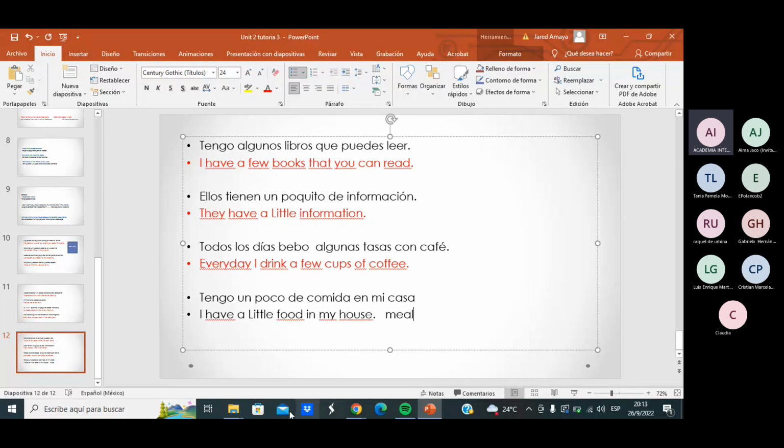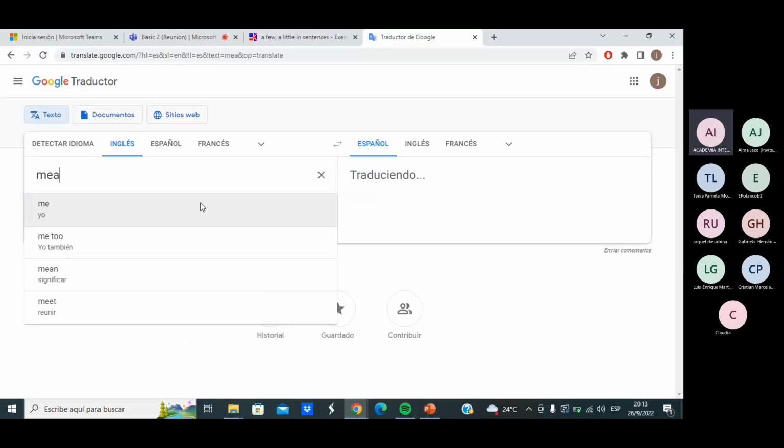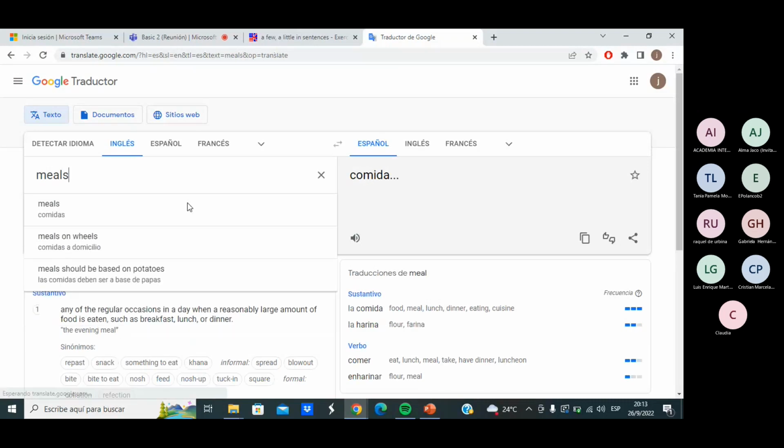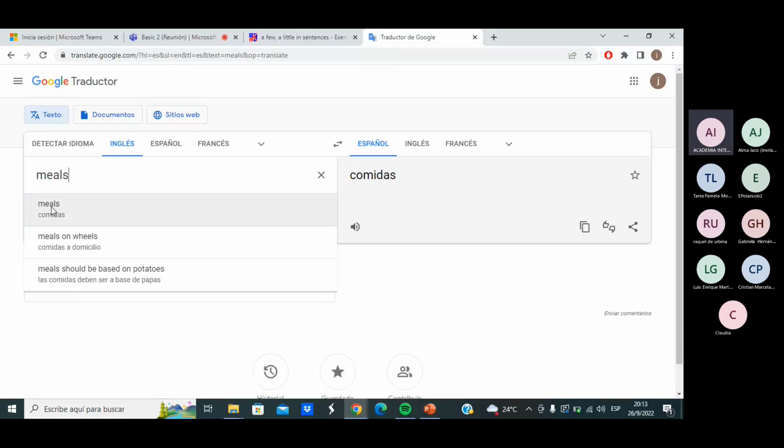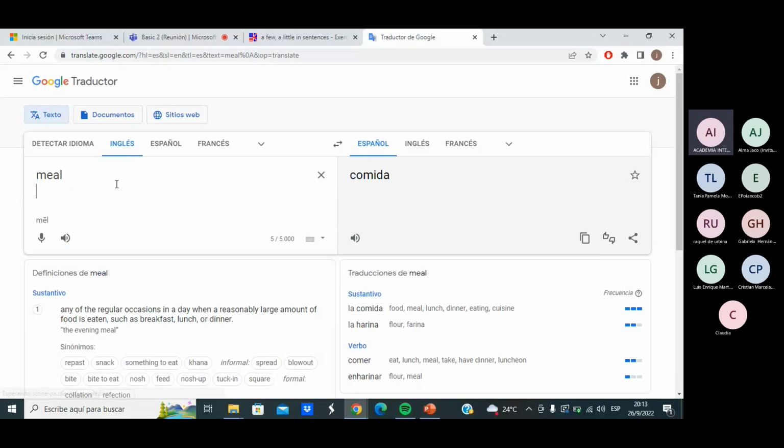Por ejemplo, veamos aquí. Incluso también se le puede agregar la S, meals. Veamos, aquí está full meal, ¿verdad?